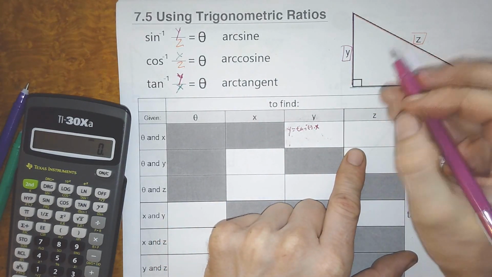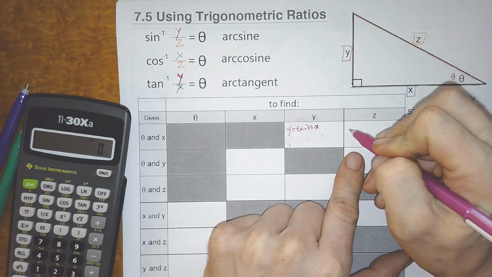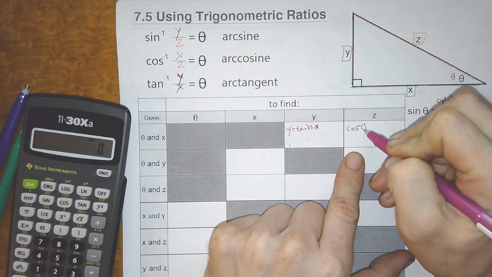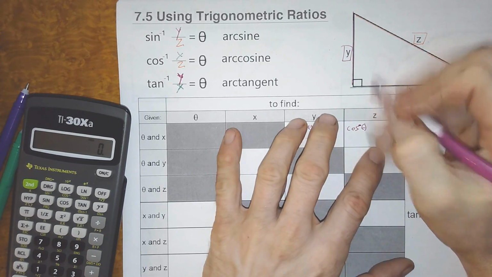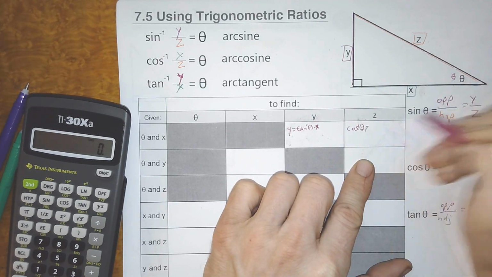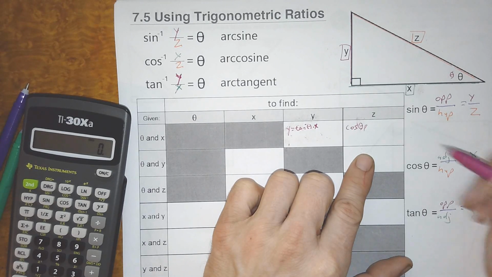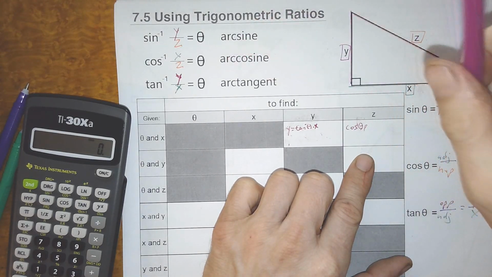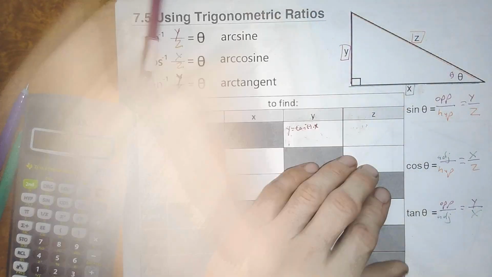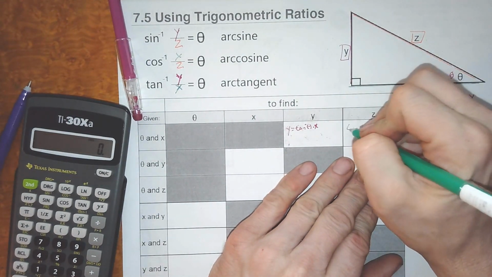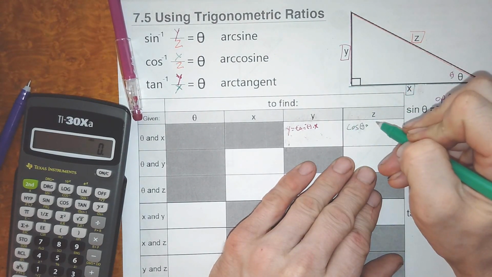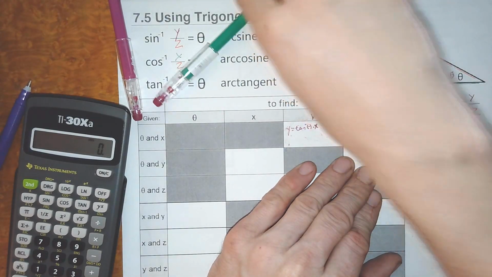So for this one, we have to use cosine, right? So the cosine of theta equals x over z. This should be green. The cosine of theta equals adjacent over hypotenuse.